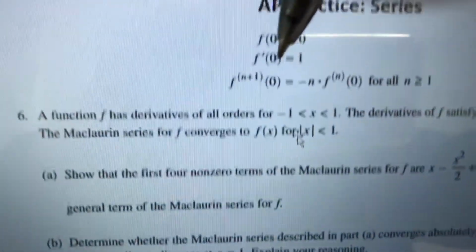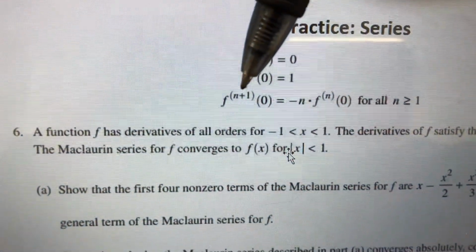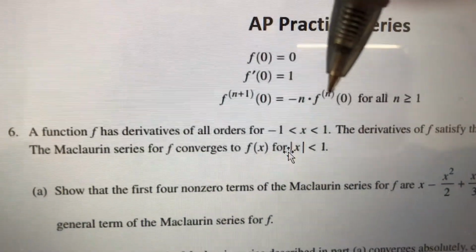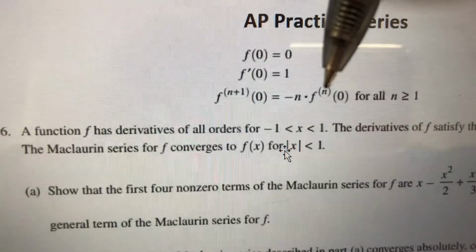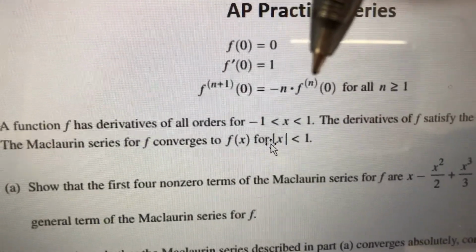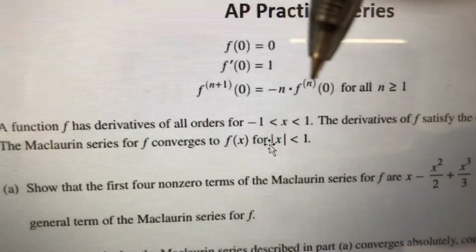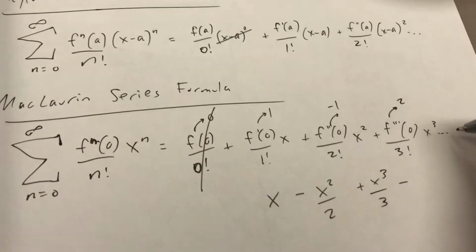And then finally, to find the fourth derivative, I could put an n equals 3 into there. That says take negative 3 times my third derivative. My third derivative is 2. Negative 3 times 2 is negative 6. Okay, so we'd be substituting now. I didn't write this out far enough, actually.